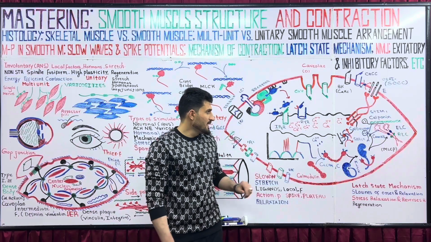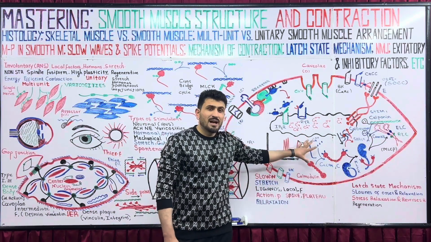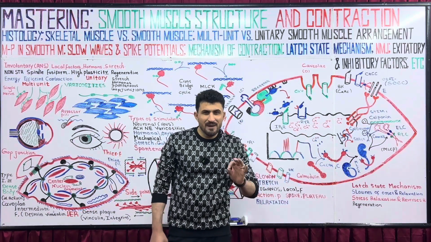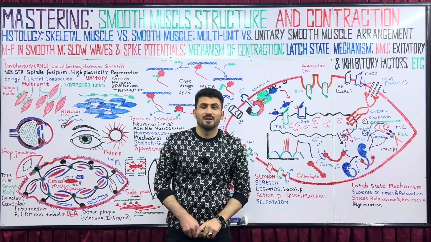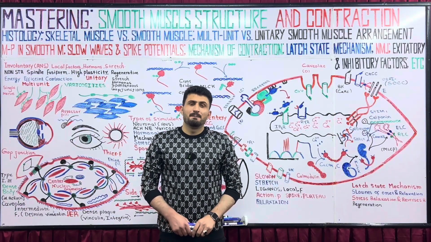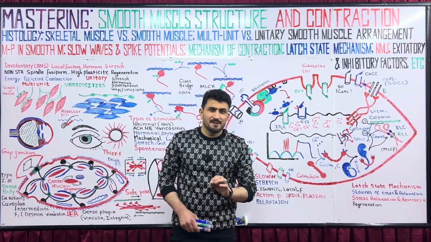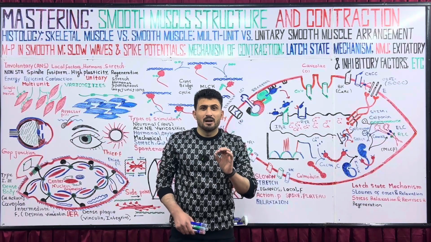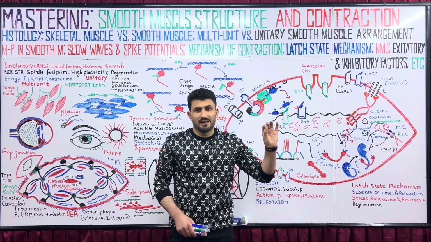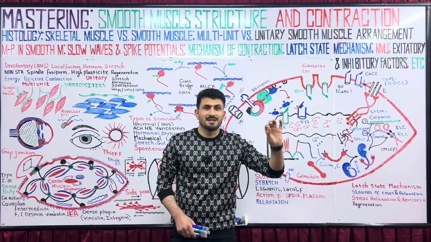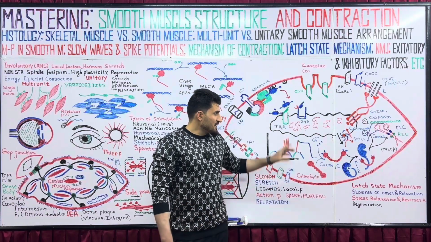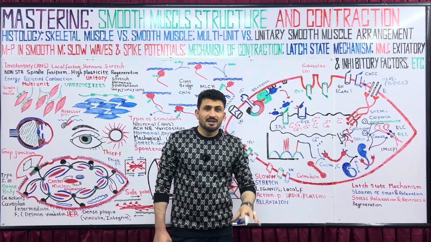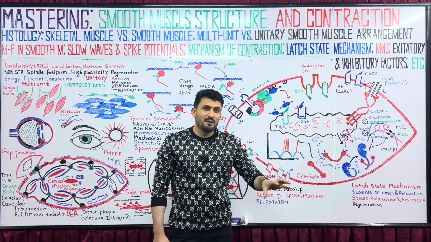Also, the mechanism of contraction of smooth muscle is a bit more complex than skeletal muscle, because skeletal muscle is stimulated only by neurons, but smooth muscle is stimulated in different ways, by different factors.